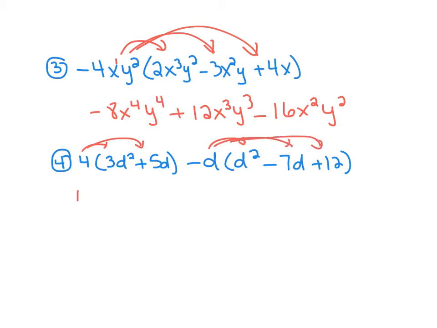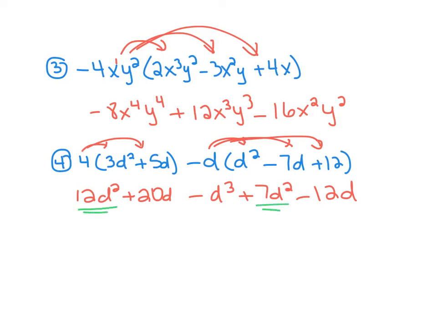First parenthesis, 12d squared plus 20d, minus d cubed plus 7d squared minus 12d. Now, you should notice I can combine some stuff here. But I also want you to think about, before you start writing, keeping it in descending order by your exponents.